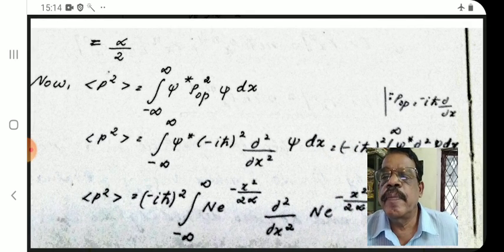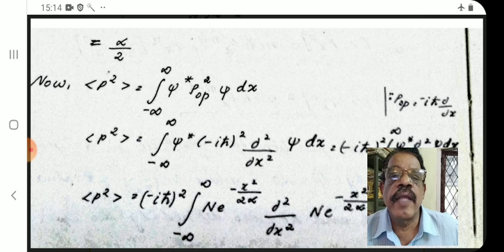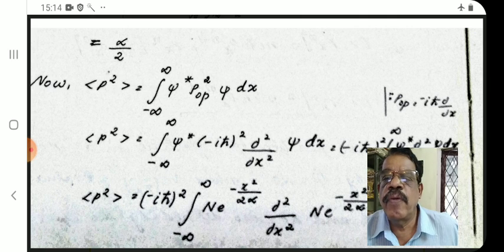Now we find the expectation of p square. In a similar manner, it is the integral from minus infinity to plus infinity of psi star p operator square psi dx, and the p operator is, you know, minus i h cut dou by dou x. So p operator square we have to write.